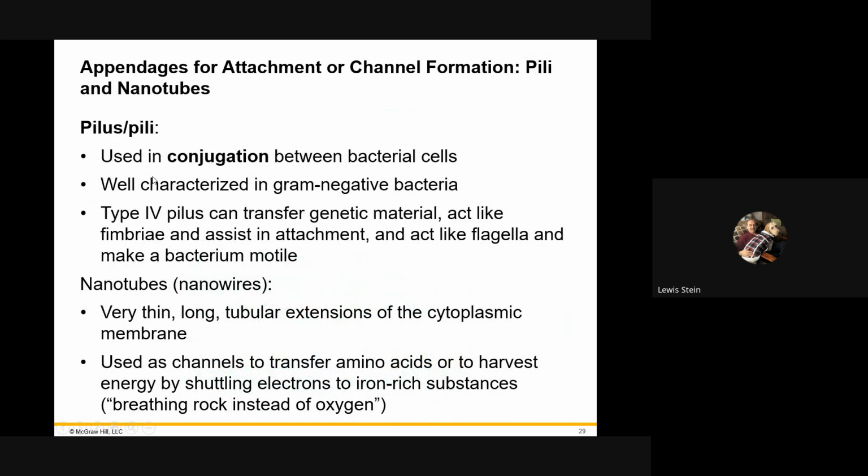Flagella are long, fimbriae are short, pili are in the middle. What they do is a neat process called conjugation. They used to think bacteria had projections, and when they put them together they would look like this.